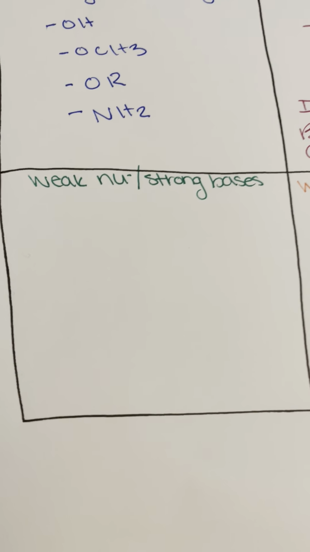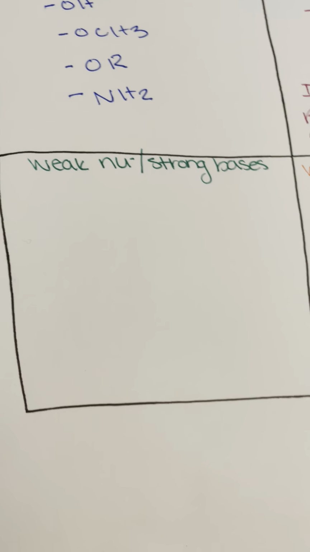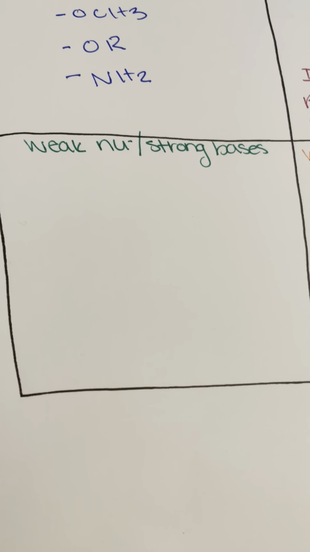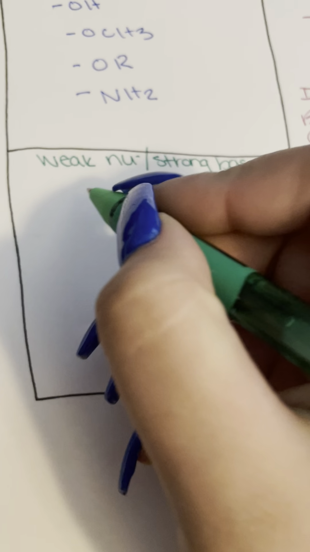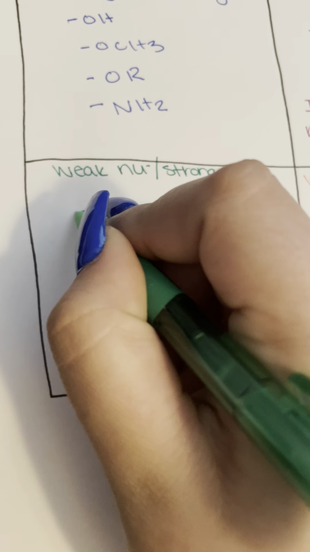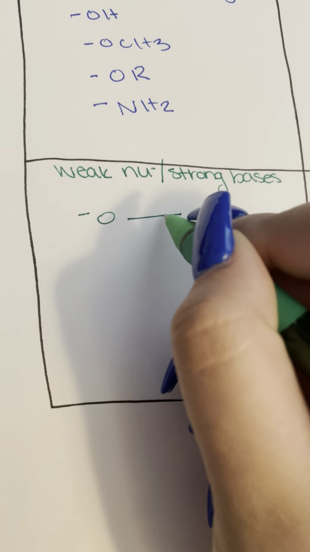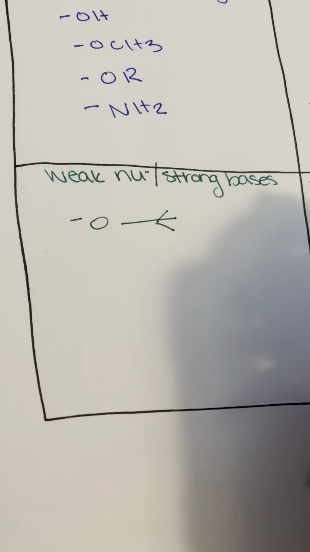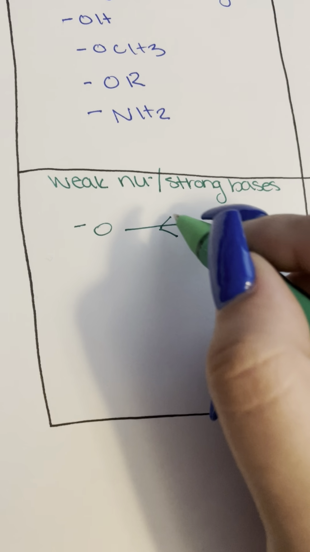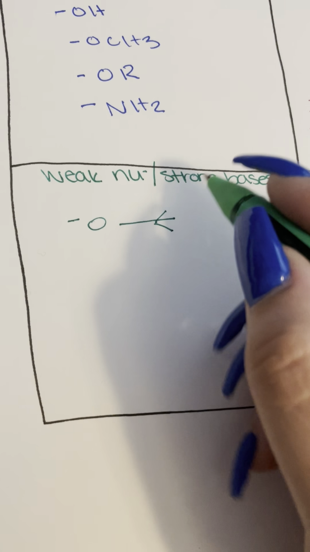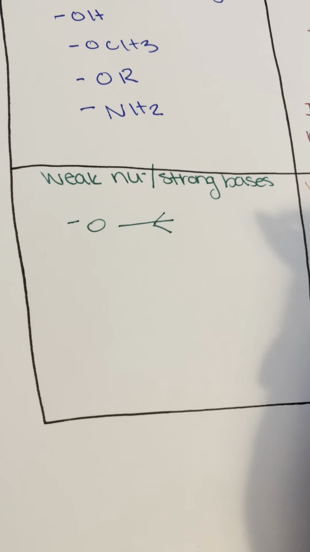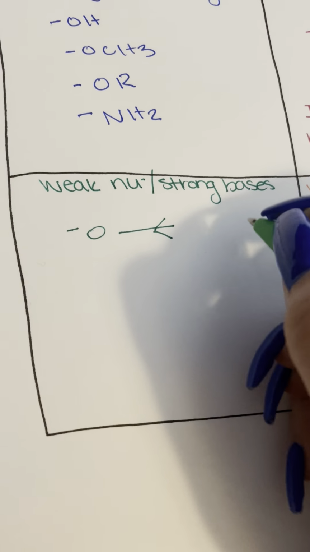Now, on to weak nucleophile, strong bases. There's not really much to this one. And for this one, I'm just going to put this. Now this has a big and bulky base, which can be used for elimination, and we will get onto that later.